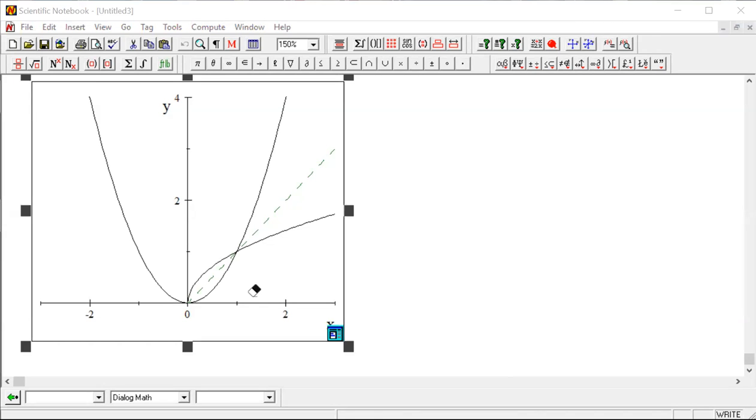Right now I need to erase this piece, because x squared only has the piece for x less than 0.